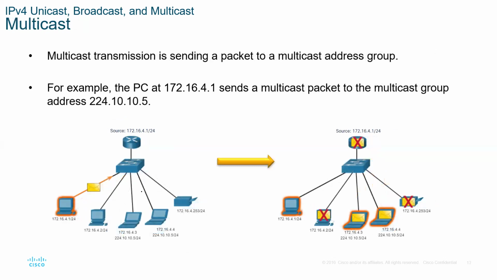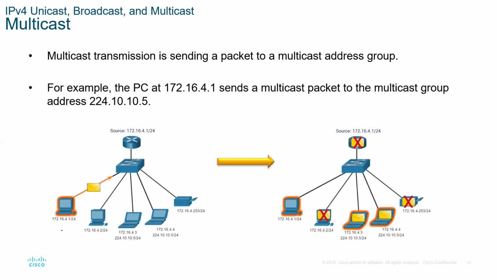In this example, multicast transmission is sending a packet to a multicast address group. Multicast is sending to 2 or more. If I want to send to one device, it's unicast. It depends on how many devices are in the network. Right, let's do it this way.